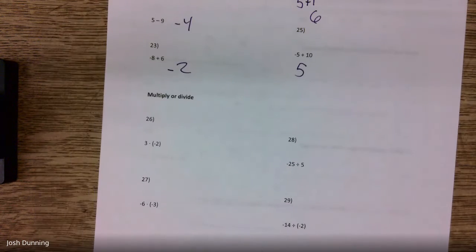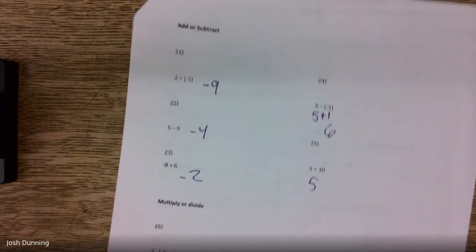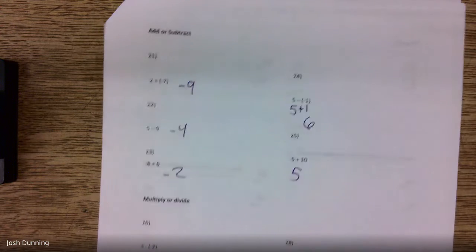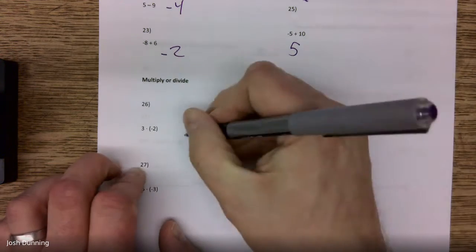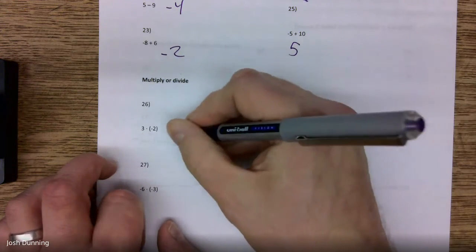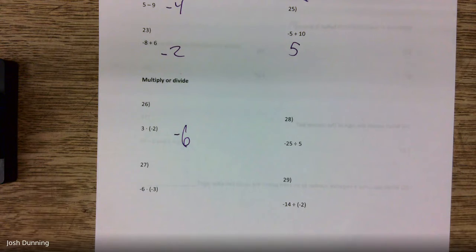With multiplication, the rules were a lot easier. But don't get confused with the rules for adding and subtracting and the rules for multiply and divide. With multiplication and division, it's just if they're different signs, your answer is negative. 3 times 2 is 6, one positive, one negative, answer is negative.